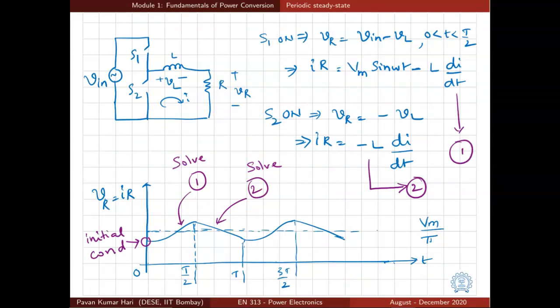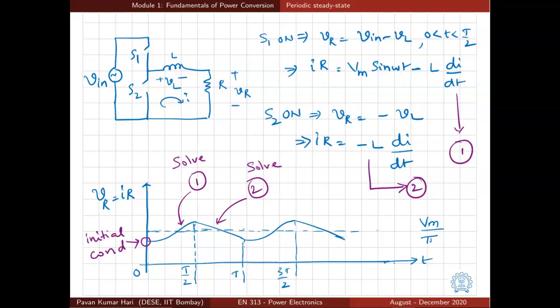How do we obtain the waveform of VR in the second case? We need to derive expressions for the voltage VR, which is I times R. That means we have to formulate the differential equations, because L is there in the circuit. So equation 1 shown here, IR is equal to Vm sin omega t minus L di by dt. This needs to be solved in the interval 0 less than t less than T by 2 with some given initial condition.